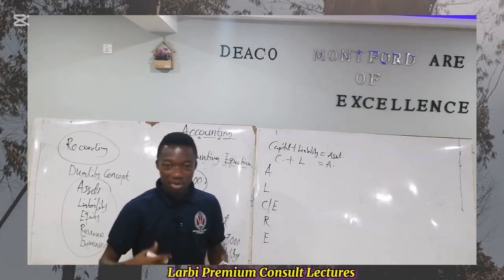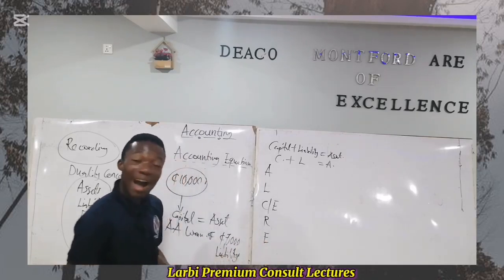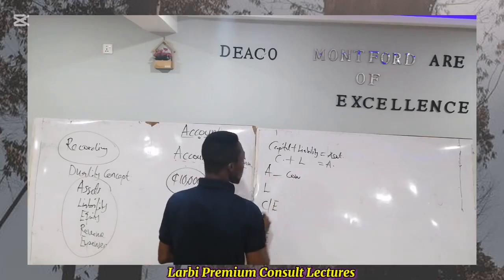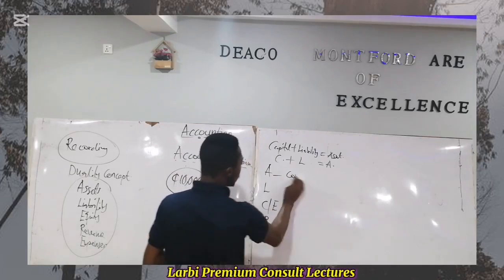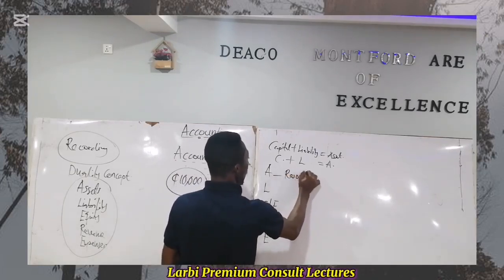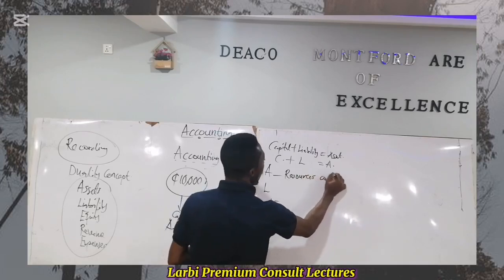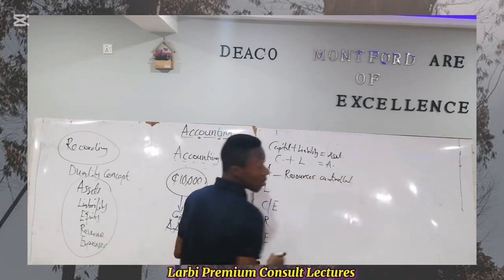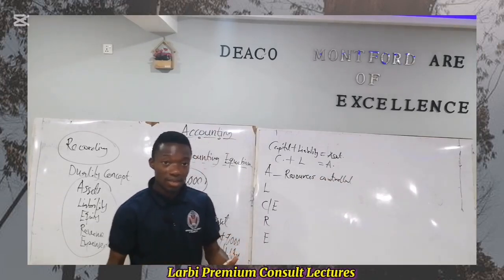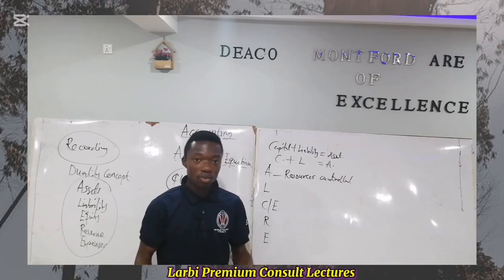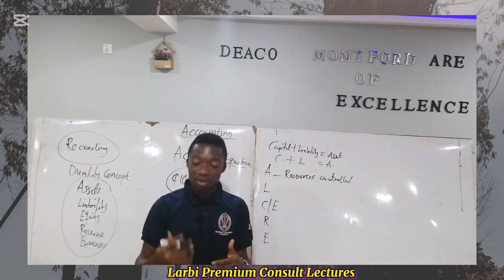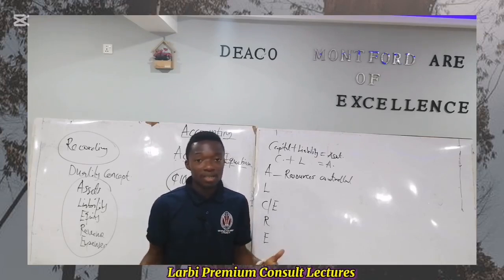But when it comes to a professional definition, we will say that assets are resources controlled by the entity, which has the potential of providing future economic benefits for the entity.